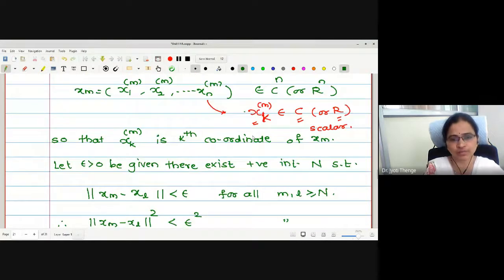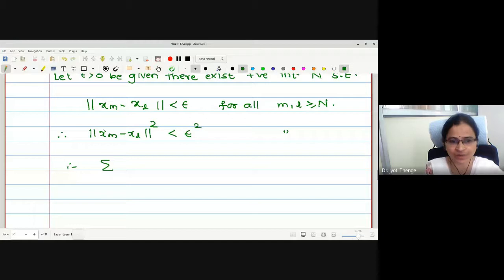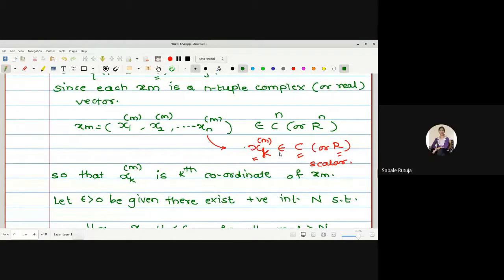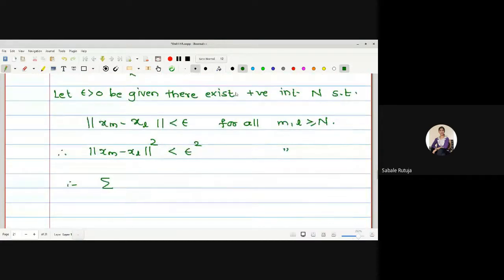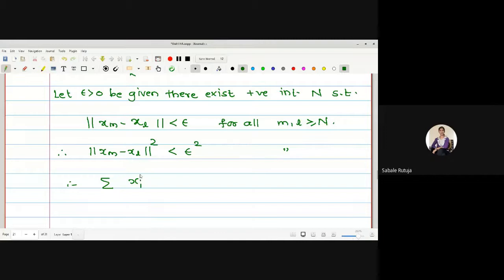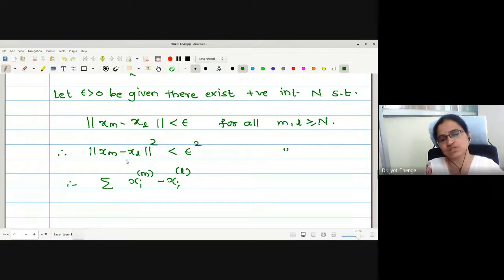The ith coordinate of xm will be xim and of xl will be xil, and the difference is a coordinate-wise difference.